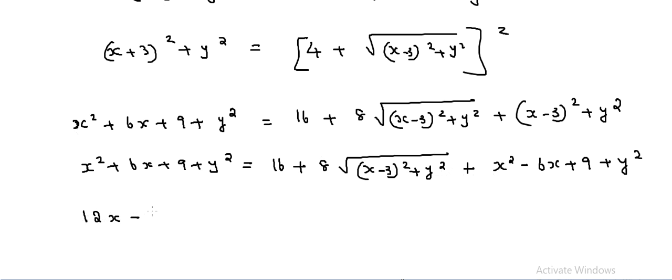So we will get 12x minus 16 is equal to, here there is 16, so I take it on the left side, so remaining will be 8 root of (x minus 3) whole square plus y square. Here the square root is present, so we can square on both sides in order to remove the square root.